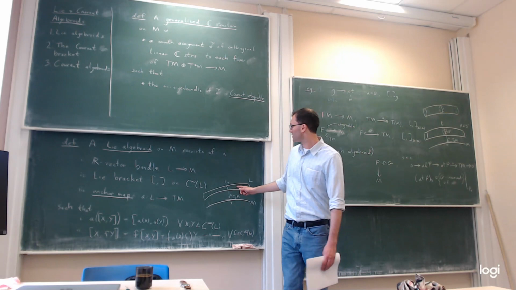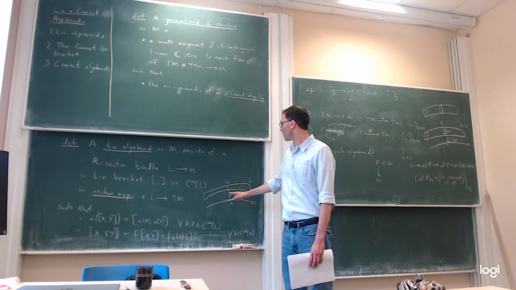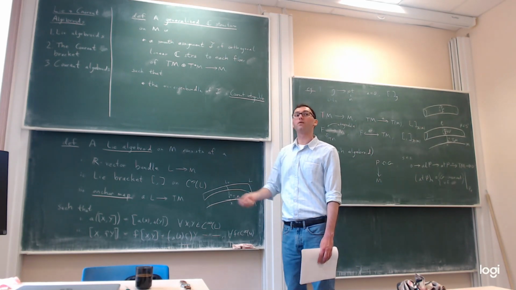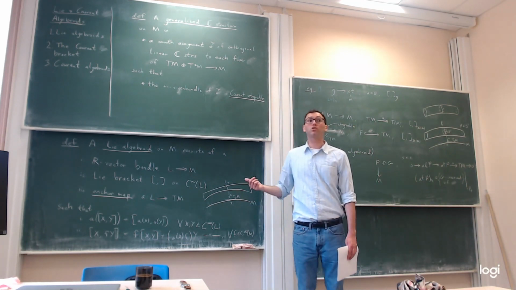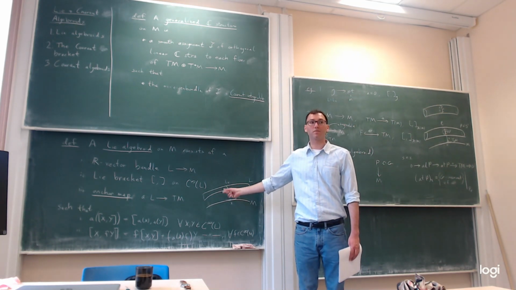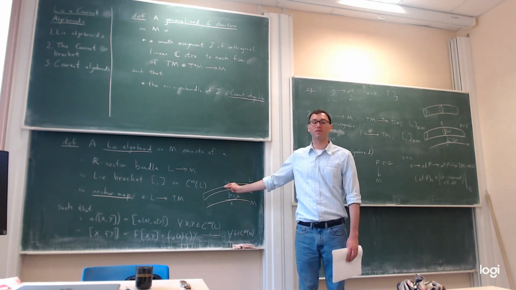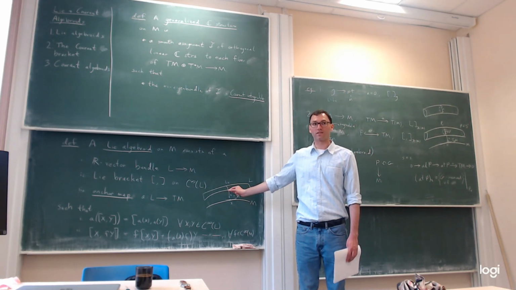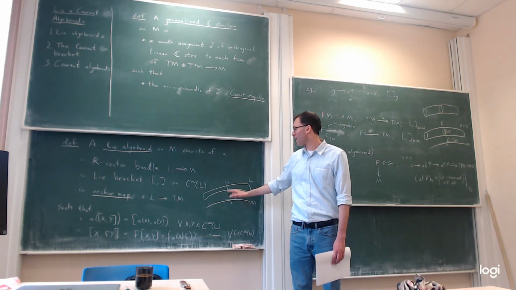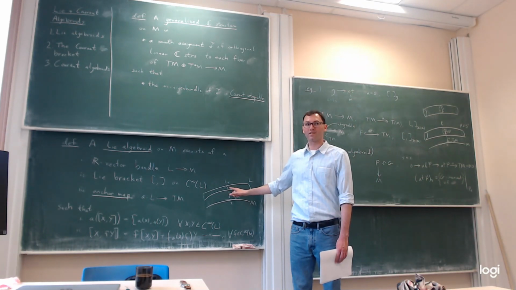So we're associating the elements of the algebroid with elements of the tangent bundle, but we might associate two Lie algebroid elements with the same tangent vector. And on the other hand, it might not be the case that for every tangent vector, there's a Lie algebroid element that is associated to it.